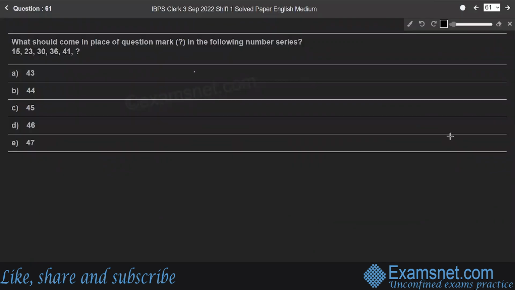Question 61. What should come in place of question mark in the following number series? Here in the given number series, 15 is the first number, right? And second number is 23. So when 8 is added to 15, we'll get 23. When 7 is added to 23, we'll get the third number.